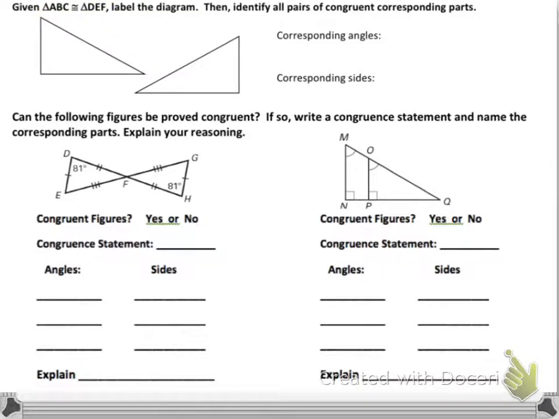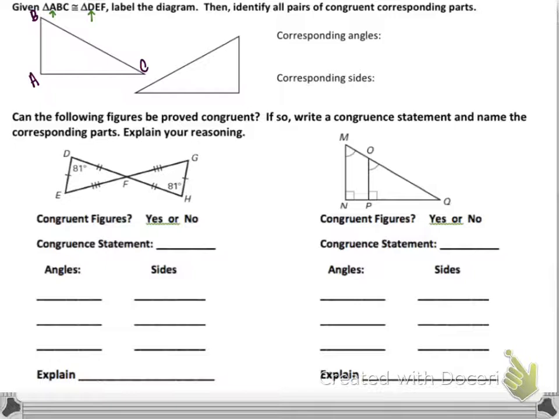So first what we're going to do is take one triangle and label it ABC, however makes me happy at the time. Now, to label the other triangle, I have to use my first one as reference. If you notice right here, A comes first, and so does D when naming each of the triangles in the congruent statement. That matters. The way that we write congruent statements really, really matters.